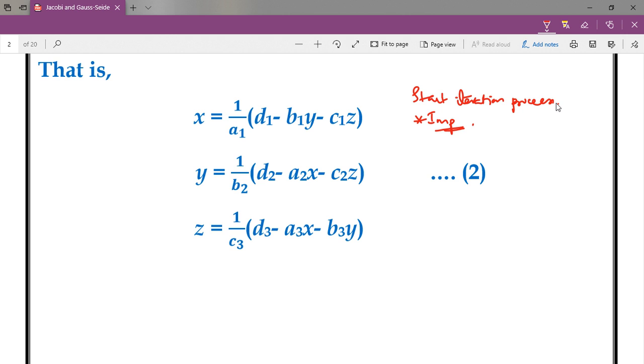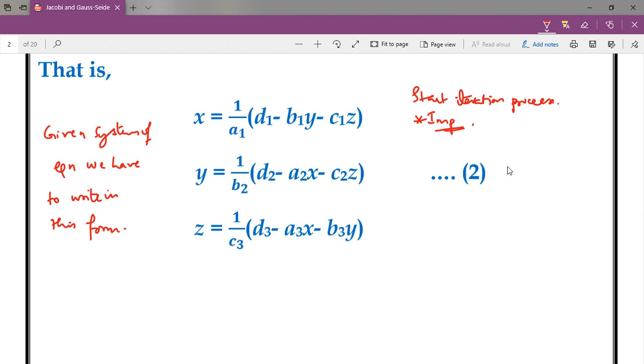So given a system of linear equations, you have to write it in this form, that is, solve for x, y, z.